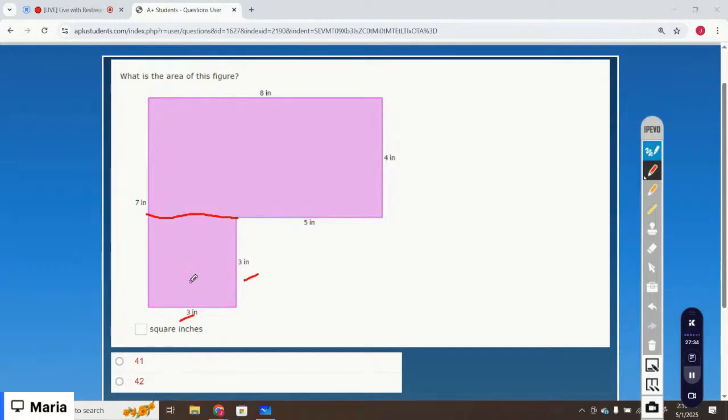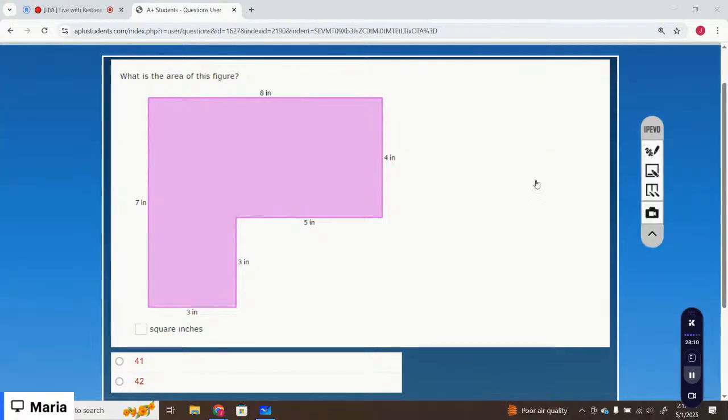So for this square, the sides are 3 times 3, that is 9 square inches, and this one has 8 times 4. Oh, sorry, 8 times 4, that is 32. So which is the correct option? 32 plus 9 equals 41. Option number 1 is the correct option, that is 41.